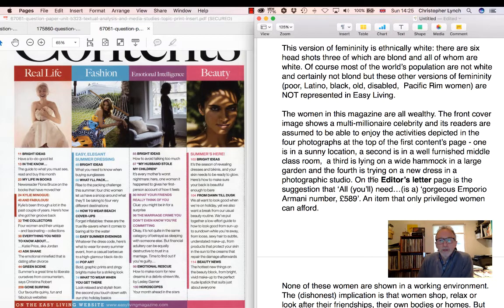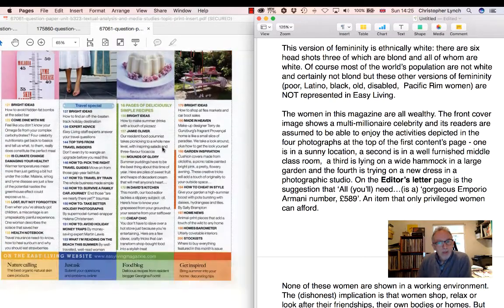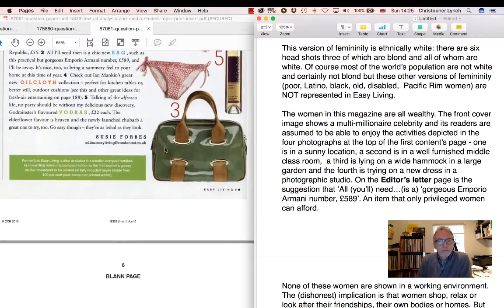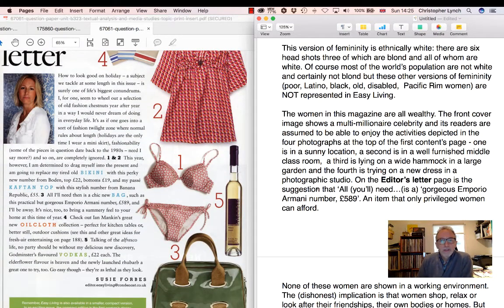And the fourth is trying on a new dress in a photographic studio. On the editor's page is a suggestion that all you need is a gorgeous Emporio Armani number, £589, an item that only privileged women can afford.